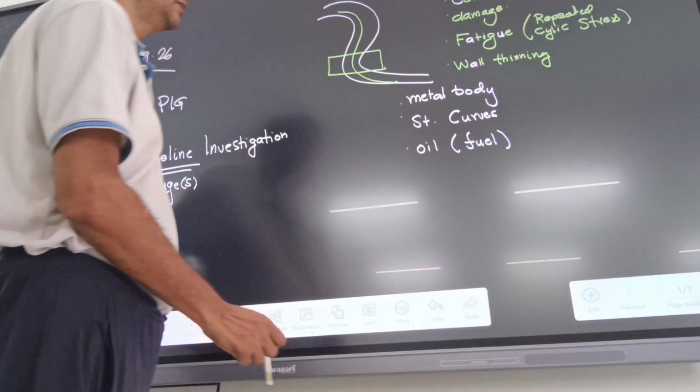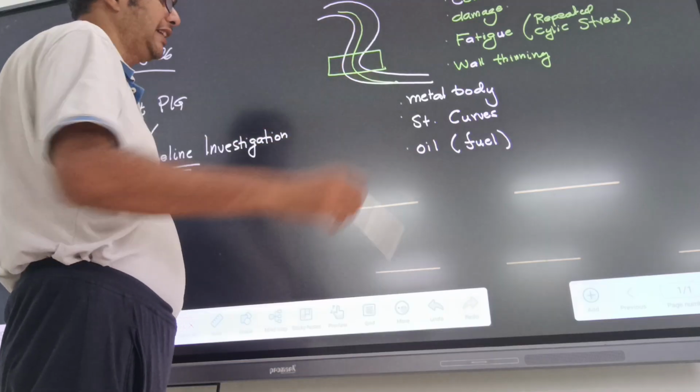And corrosion, you will see that there are 8 forms of corrosion.